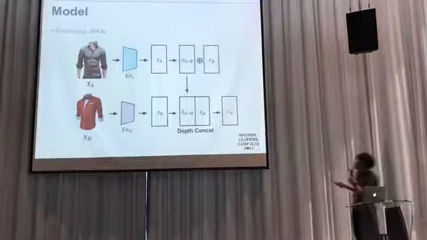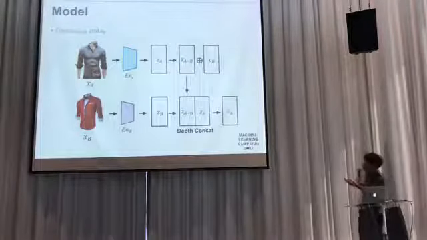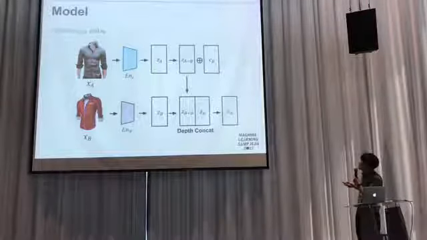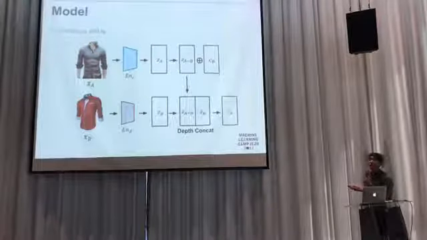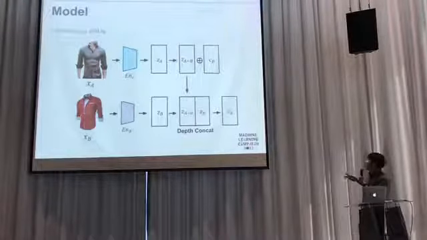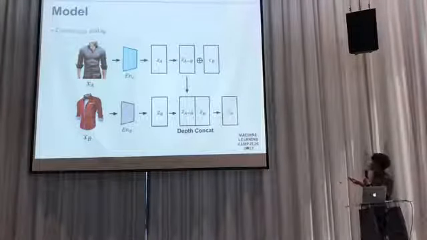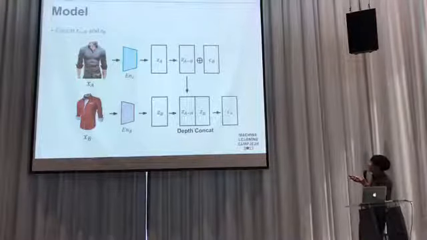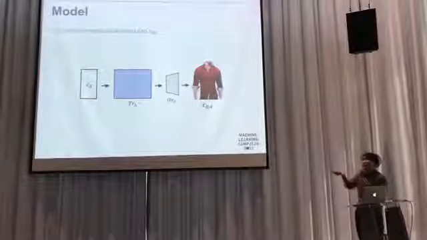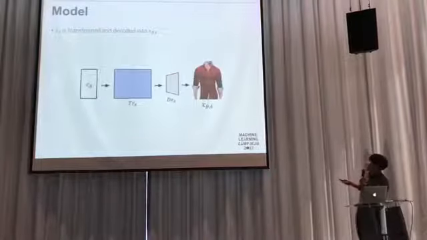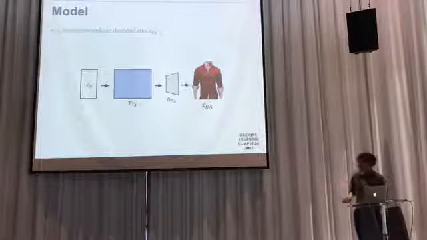Then the rest of the part, GA minus B, is concatenated with GB, which is encoded from the other clothes image, and by combining them I generate a new embedding. And I decode it into the changed image.